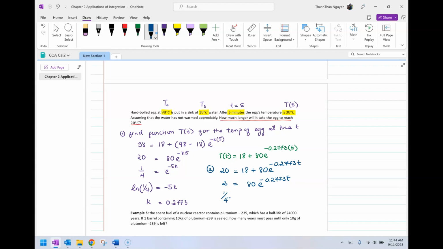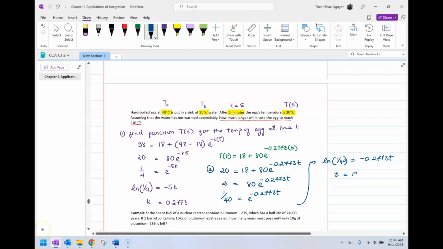So 1/40 is equal to e to the negative 0.2773t. We can solve this by taking ln both sides. Divide both sides, we get t equal 13.3 minutes.